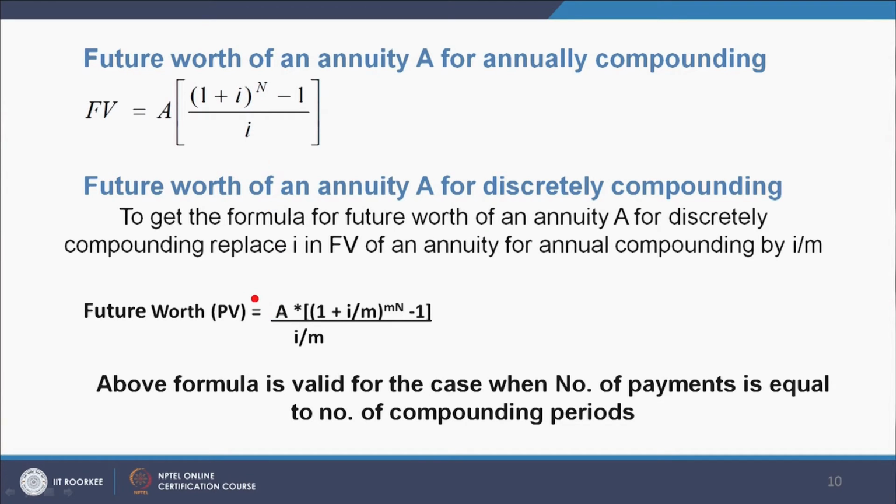So, if I do that, the future worth FV is equal to A into ((1 plus i by m) to the power mn minus 1) divided by i by m. The above formula is valid for the case when the number of payments is equal to the number of compounding periods. This has to be remembered. This formula is derived based on this assumption.